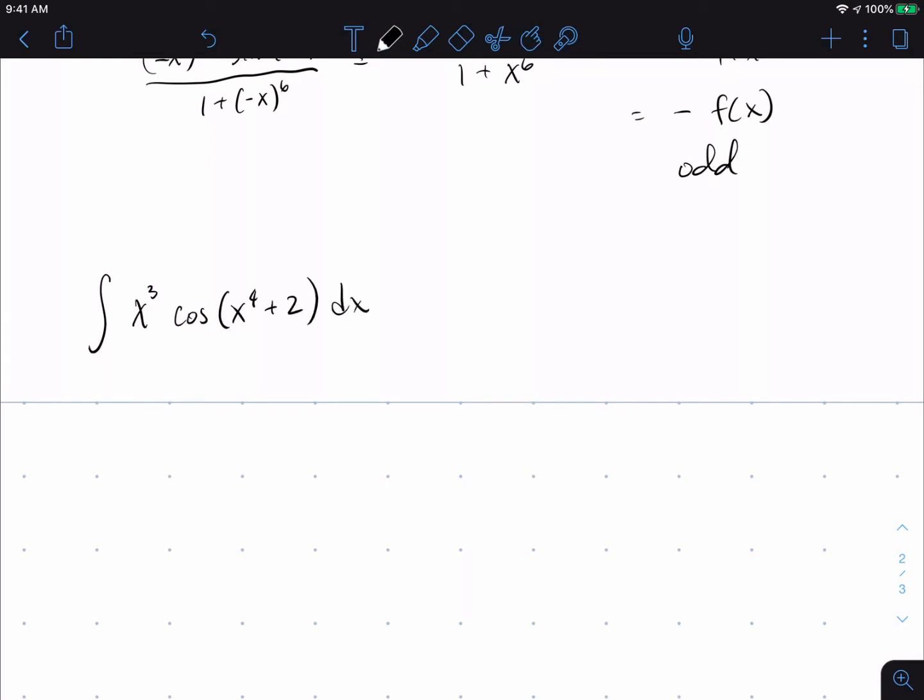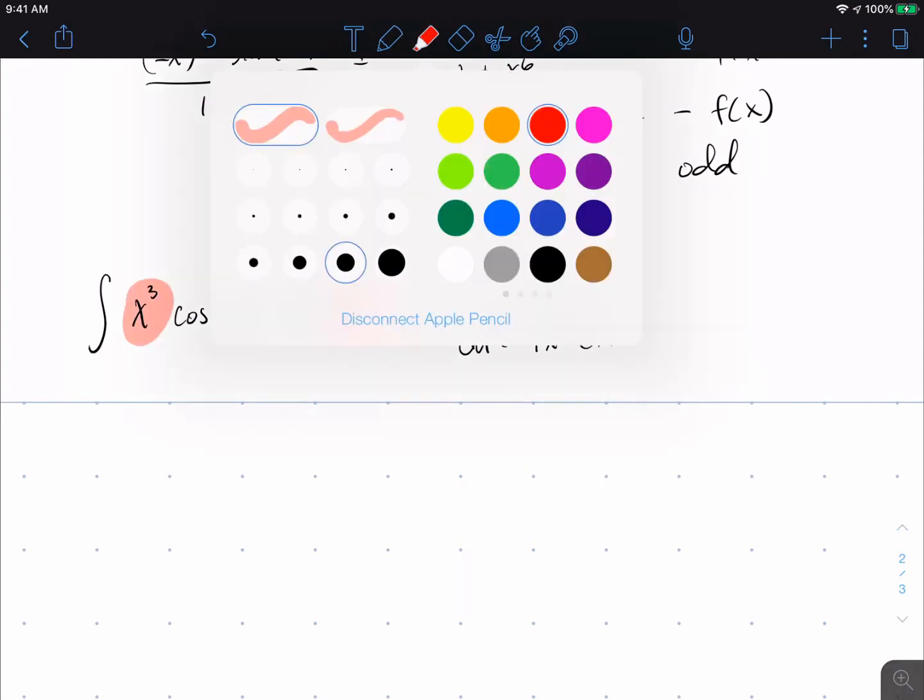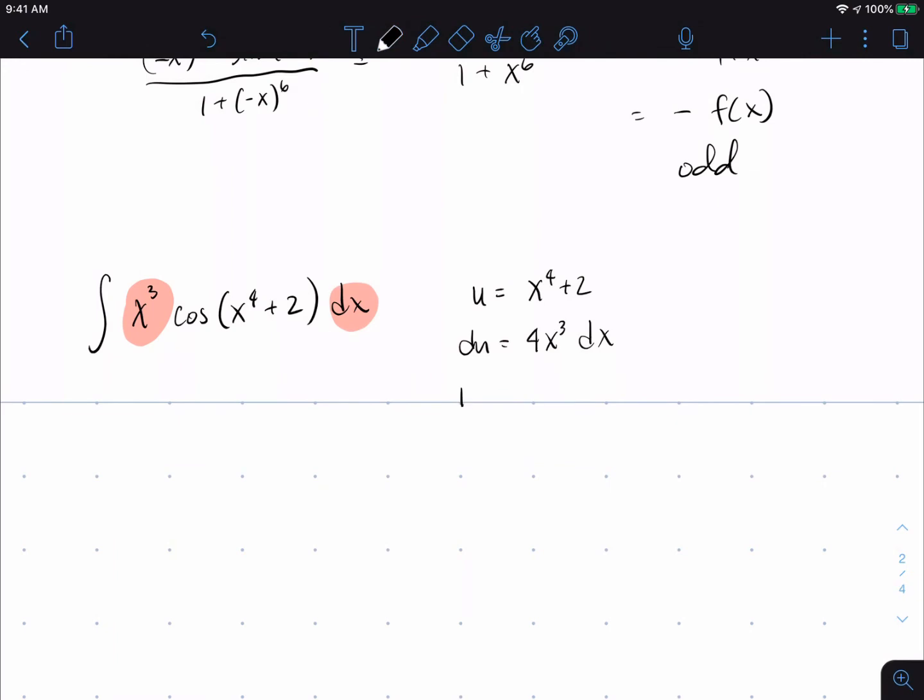The inner function of this, the furthest inner piece, is x to the 4th plus 2. And so when I take the derivative of that innermost function, I'm going to get 4x cubed dx. Well, if I look at what I have, x to the 3rd and dx, I don't have the 4, so I'm going to divide by 4 to the other side. And now I have what I need to match.